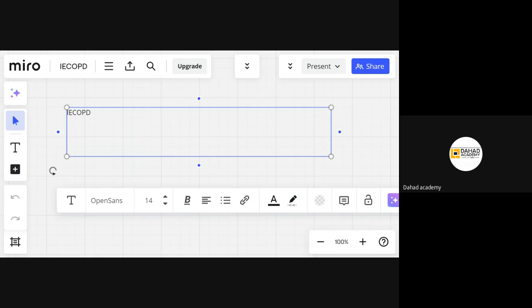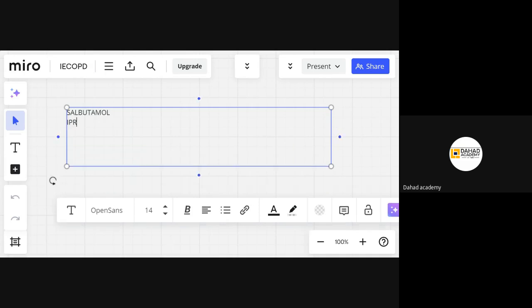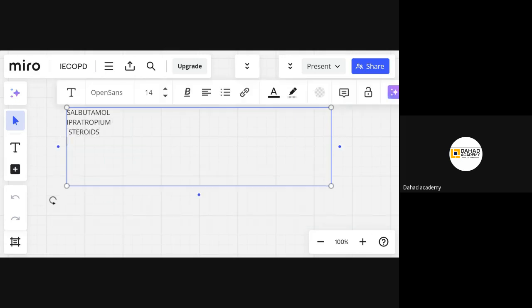You did the ABG, and it came back showing that the patient had type 2 respiratory failure, and you started to give him everything. You gave him salbutamol, ipratropium, steroids, and antibiotics, which according to your guidelines would be something like co-amoxiclav or tazocin.